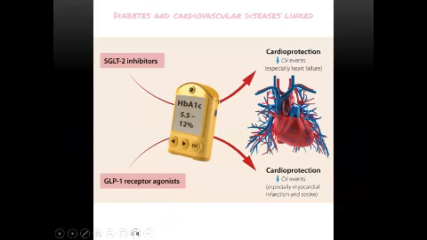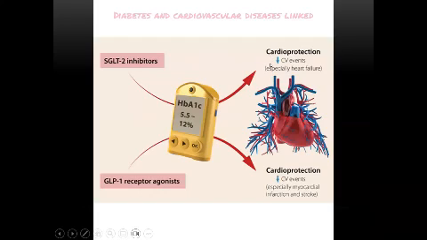Of course, the latest sensation I will not go through because you should have heard thousands and thousands of lectures on SGLT2 inhibitor. But the two drugs which are likely to be beneficial to the heart are SGLT2 inhibitor and GLP-1 receptor agonist. So the SGLT2 inhibitor is a very good drug when the patient has already existing cardiovascular disease, for secondary prevention.